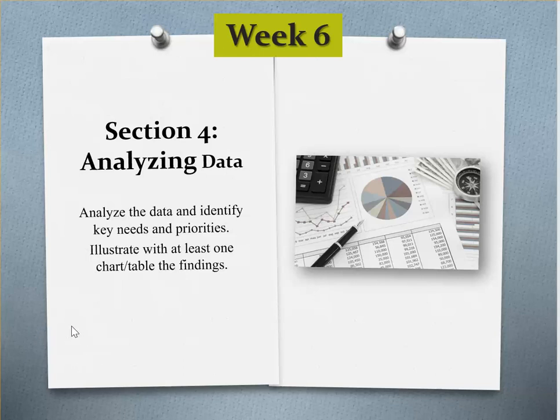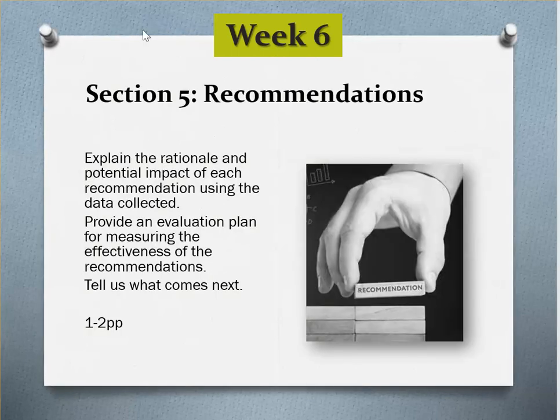Okay. So in section 5, you will follow section 4 up with your recommendations. This is where you're going to explain the rationale and the potential impact of your recommendation using your data. So if you were to use your data, what do you recommend is the way to resolve it?